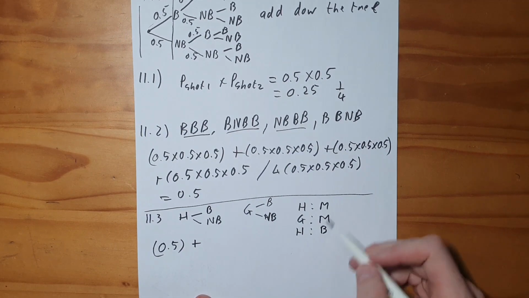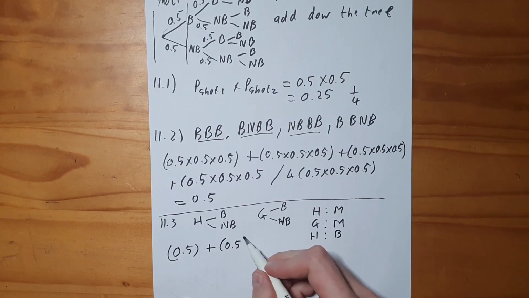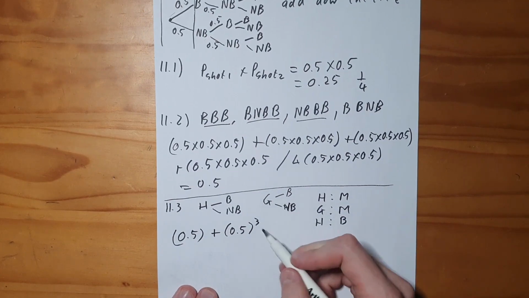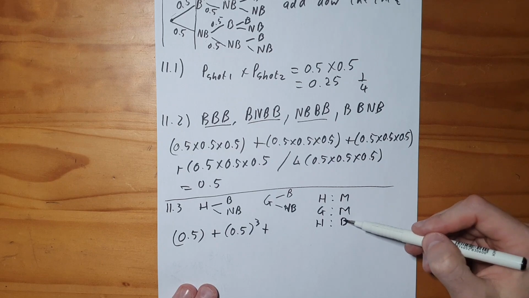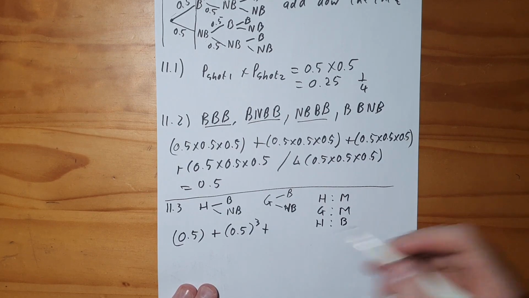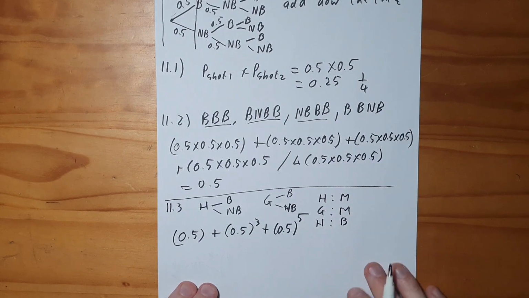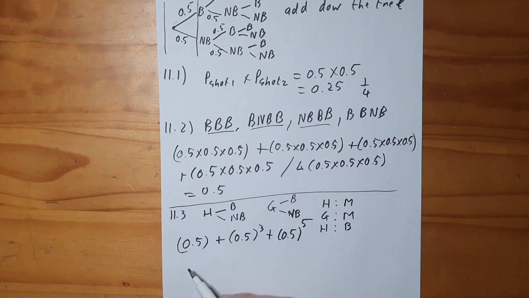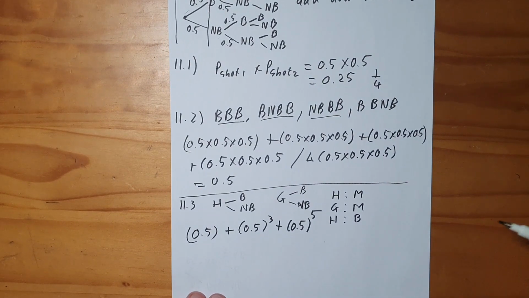Then he wins. So we can see it's 0.5 times 0.5 times 0.5, so 0.5 cubed. Now if we go to round 3, it must be a miss, miss, miss, miss, hit, which means there's 5 outcomes. Then this will be 0.5 to the power of 5, and so on. That's how the game will be played until the first person hits a bull, then they win.